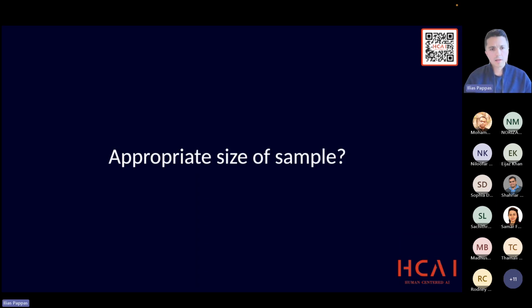I think this is the last point. So what is the appropriate size of sample? The tool was developed for very small samples, very small meaning under 30 cases, because there was an issue of limited diversity.